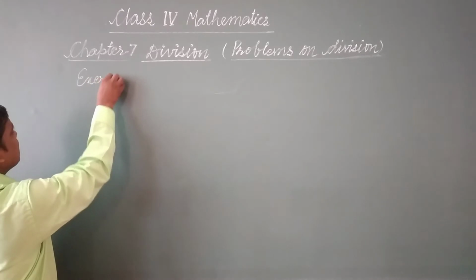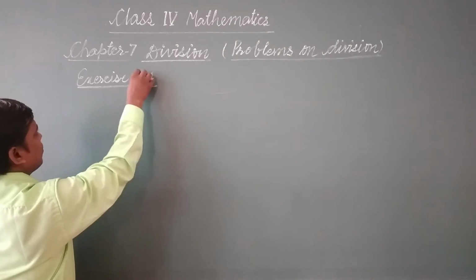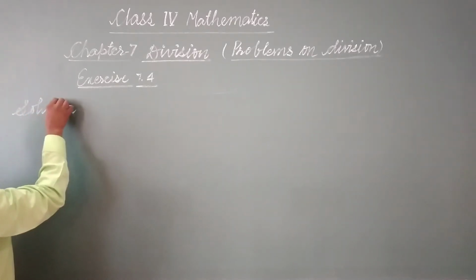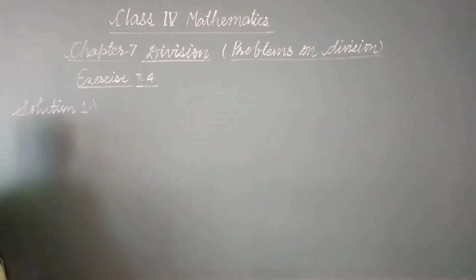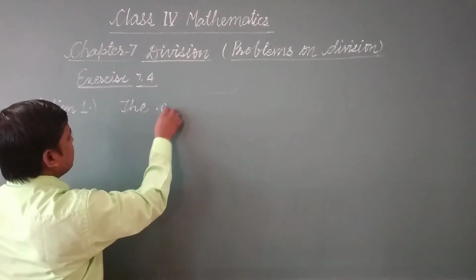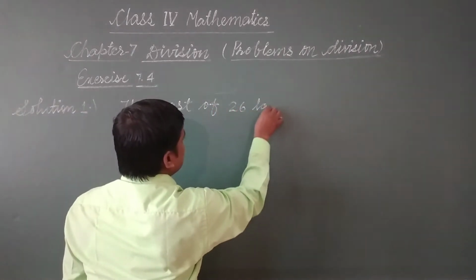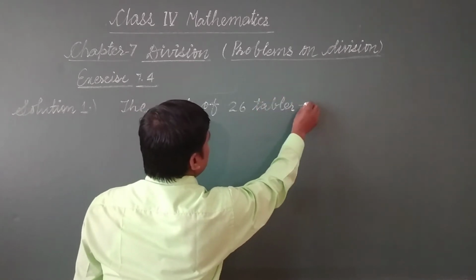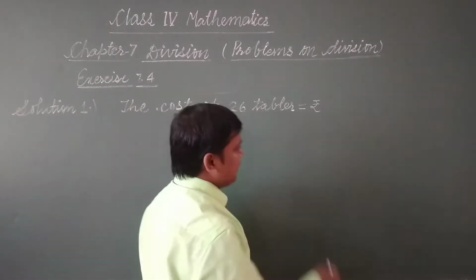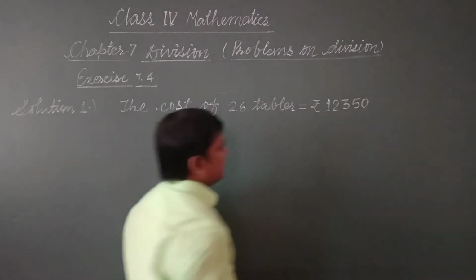Exercise 7.4. Solution of question 1. We write the cost of 26 tables is equal to rupees 12,350.